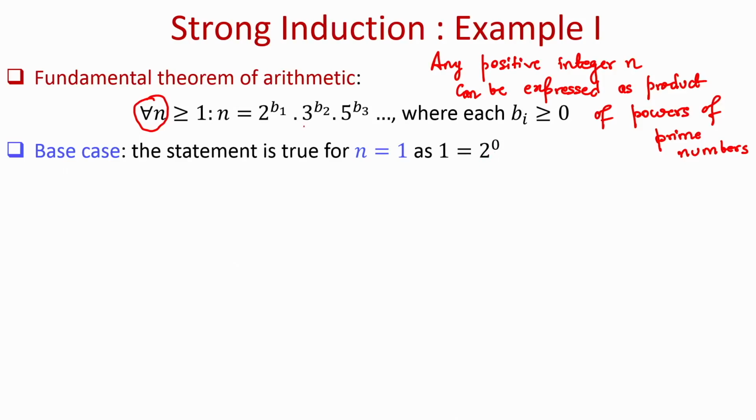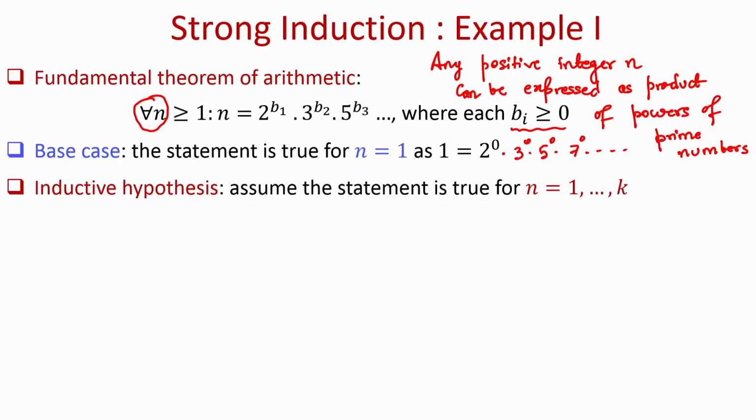I stress here the statement does not need that b 2, b 3, b 4 everything should be 1. The powers of prime, they can be 0 as well. Okay. So, I can express 1 as 2 power 0, and if you want you can further write it as 3 power 0, 5 power 0 and so on. That means my base case is true.